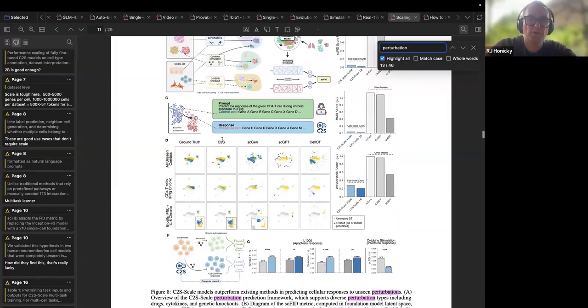This is their model, and if you look at these t-SNEs or UMAPs, and the ground truth of the pre and post perturbation classification, they are obviously doing significantly better than these other single-cell models.